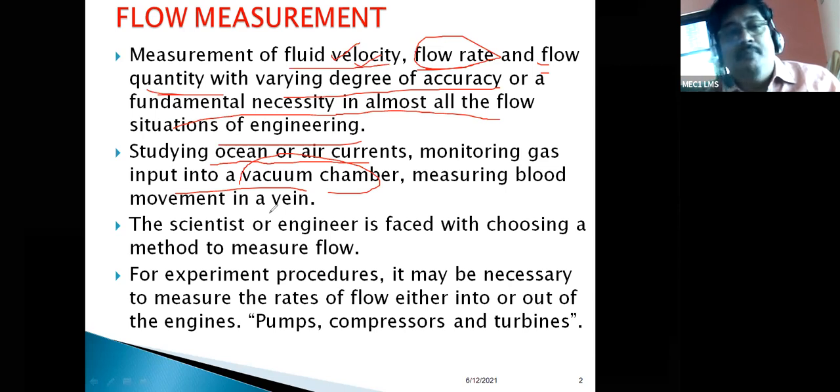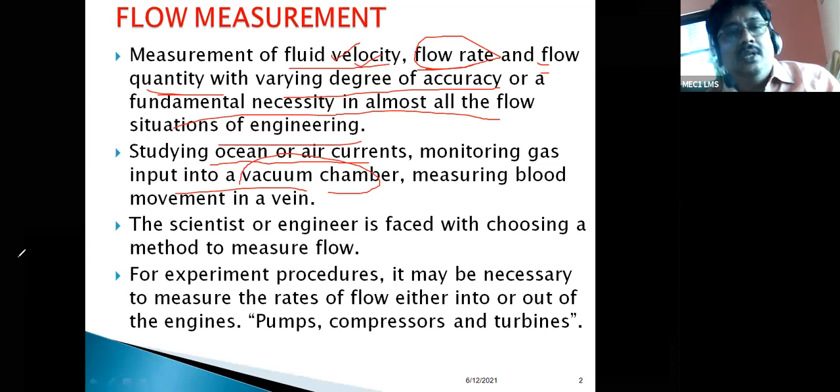So also in measuring blood movement in a vein, if the blood flow is more, the pressure is high. If the blood movement is very slow, the pressure is very low, so blood pressure is low.